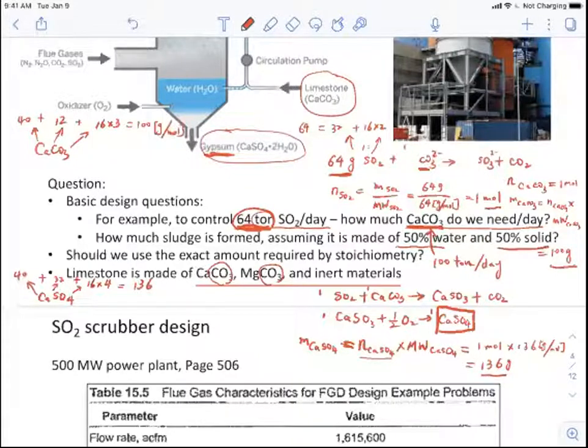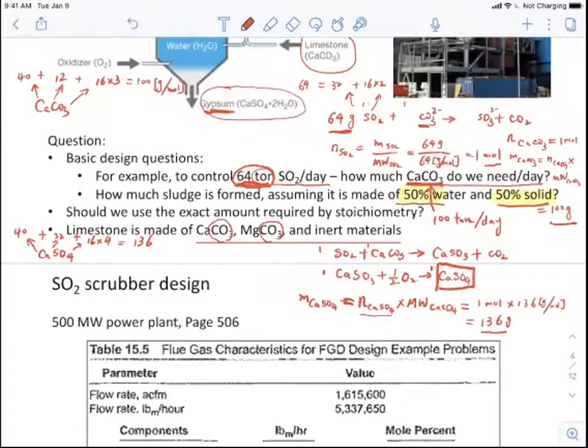But this is not the end yet, because if you look at this problem, it says that the sludge is made of 50% water and 50% solid. So we need to consider the other 50%, which is exactly the same as the mass for the calcium sulfate, right? So the mass of the sludge is going to be equal to the mass of the calcium sulfate plus the mass of water, right?